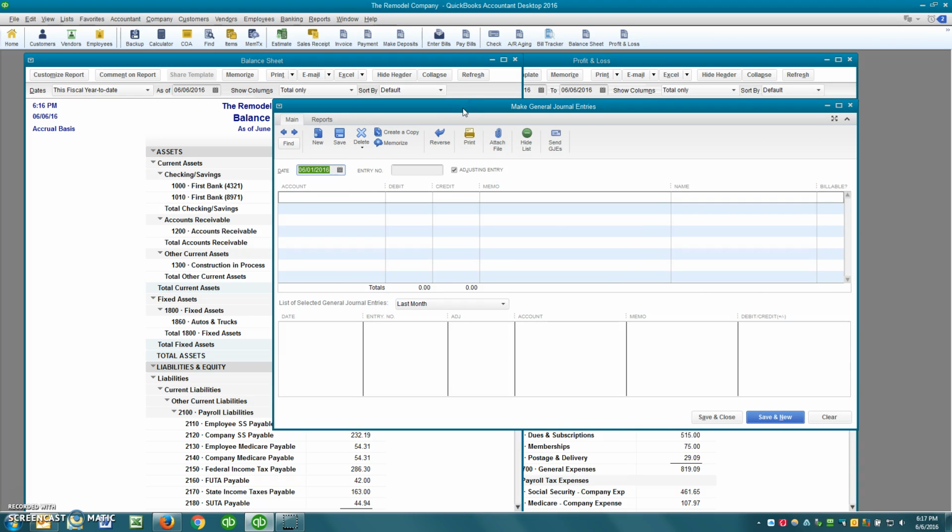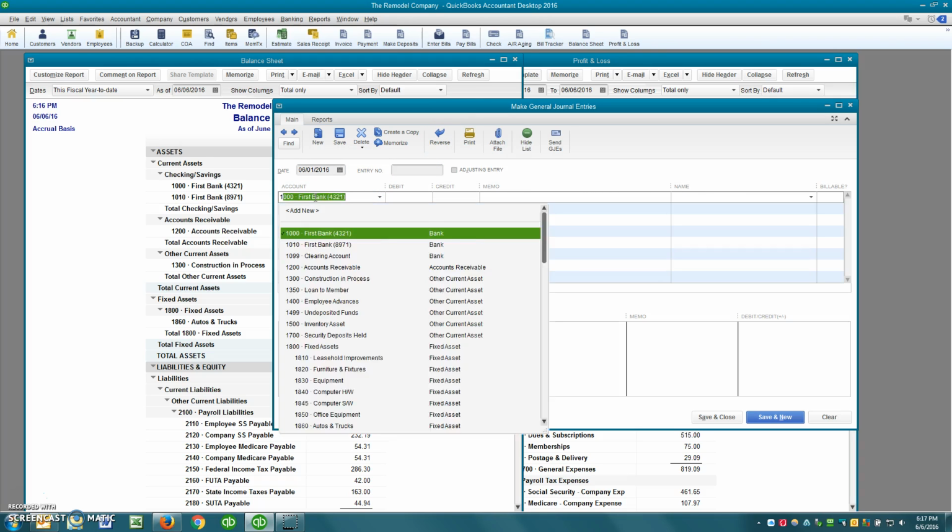This is a journal entry, and this is how you go about getting both the debit side and the credit side of a transaction when it didn't come out of the checking account or it wasn't a credit card transaction. So we'll date it for 6/1 again. I don't care about the number.